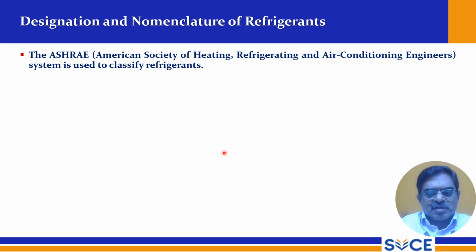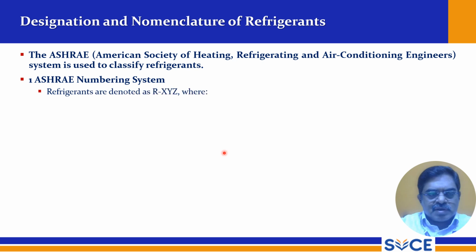They have research and development centers. They are doing all the research in air conditioning and refrigeration systems. They produce handbooks every year. You can download those from the ASHRAE website, and that handbook is also one of the reference books that you can refer to. This gives very useful information on HVAC.